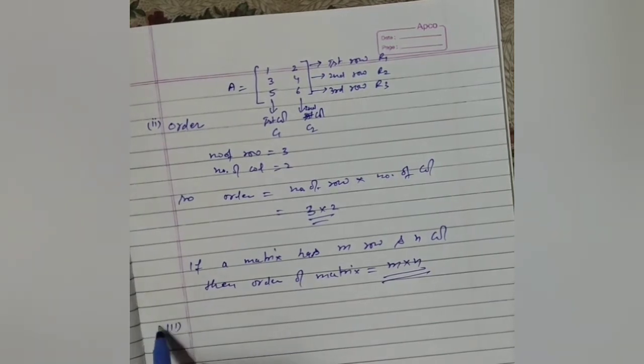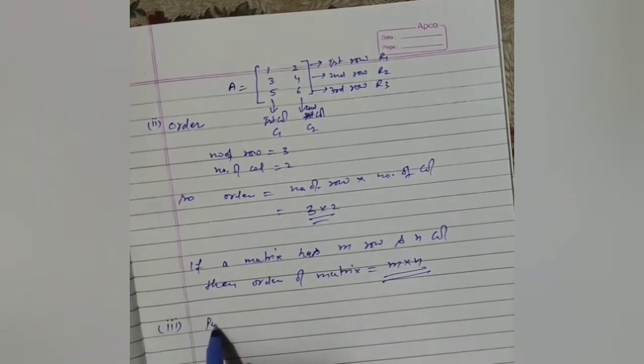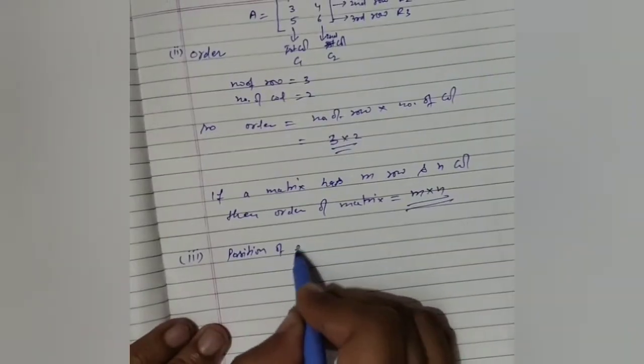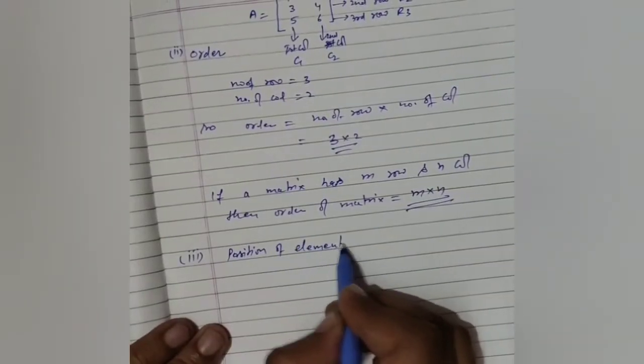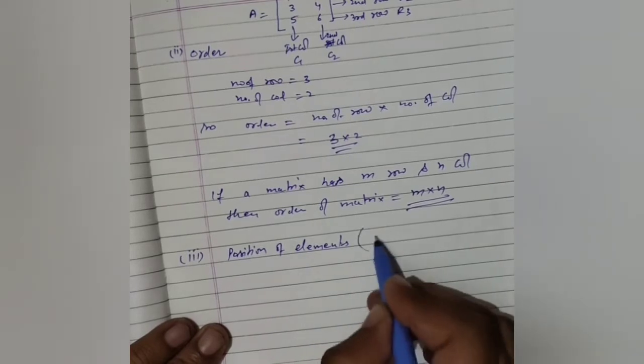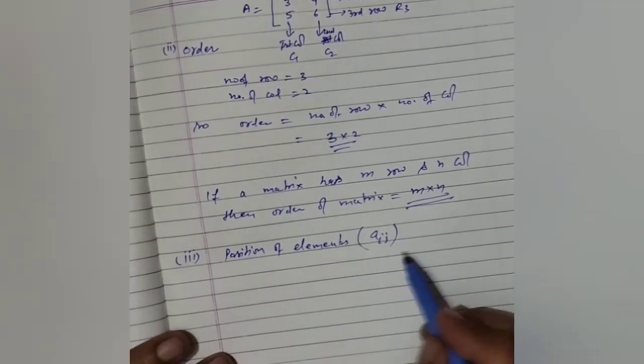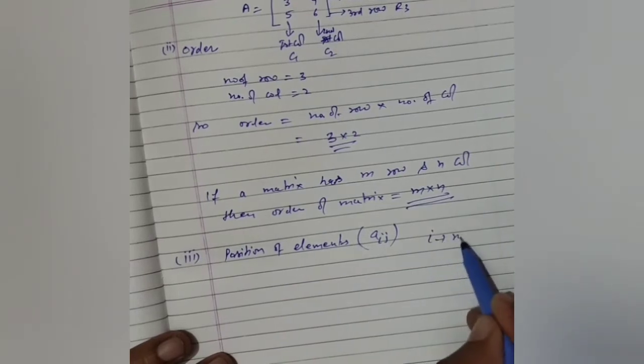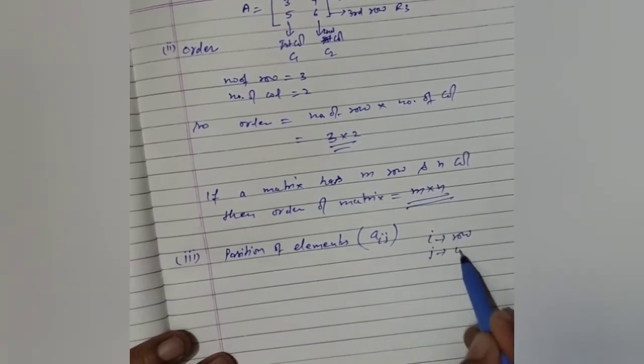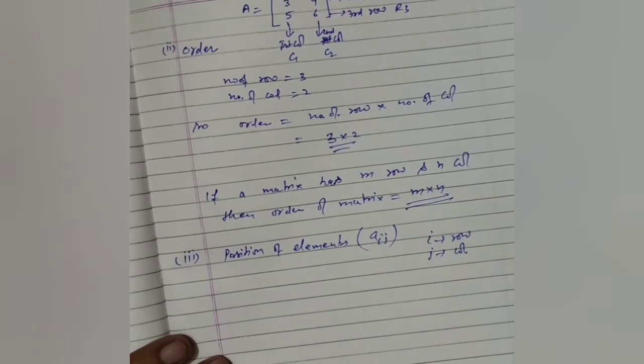Third is the position of an element. Position of elements: Aij. i represents the row, j represents the column.